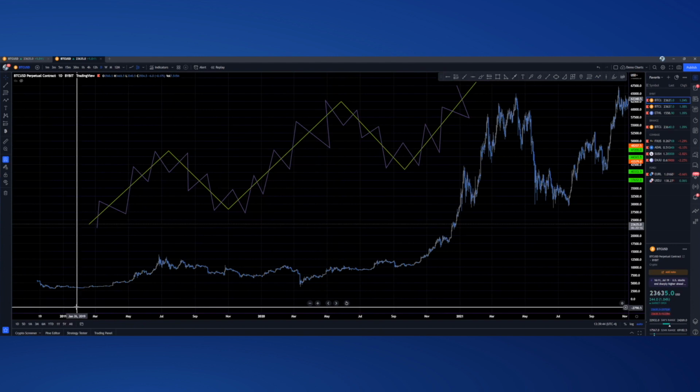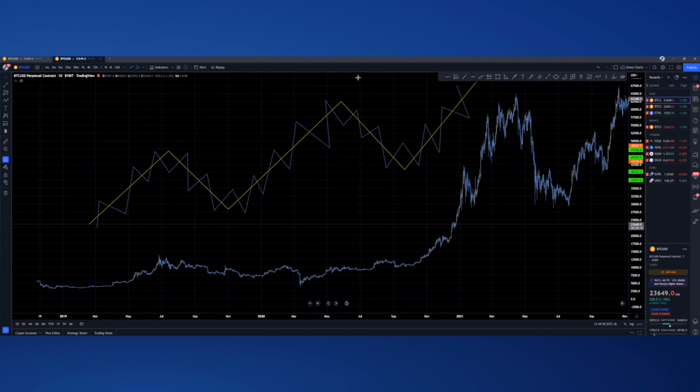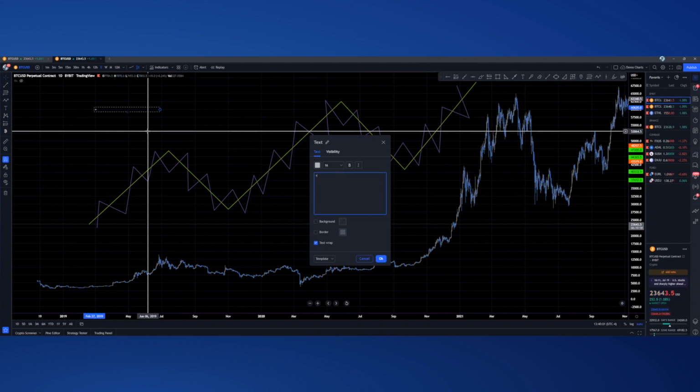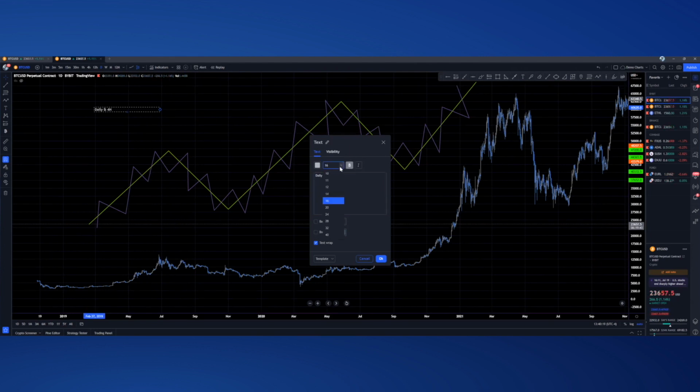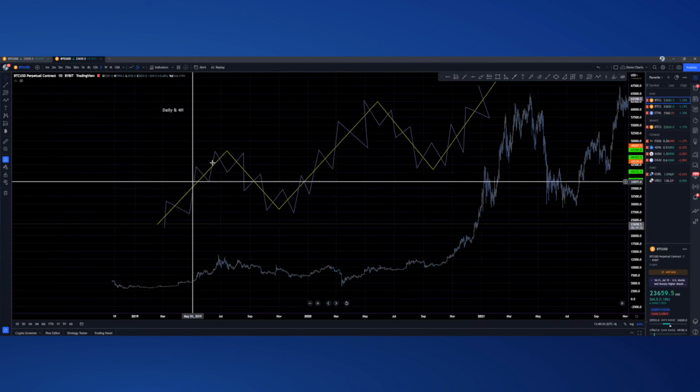Okay, so let's just say that this is the information that we're seeing on whatever time frame we're looking at, right? So we'll just say that this is the daily, and I'd probably say 4 hour. Okay, so that is the daily and the 4 hour. Make it a little bigger. So this is where we have our daily and our 4 hour.